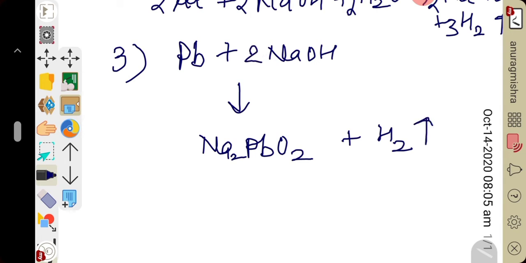So in this way, metals like zinc, lead and aluminium displace hydrogen from alkali to form a complex salt and hydrogen gas, right? First we discussed zinc, then aluminium and lead. Clear?